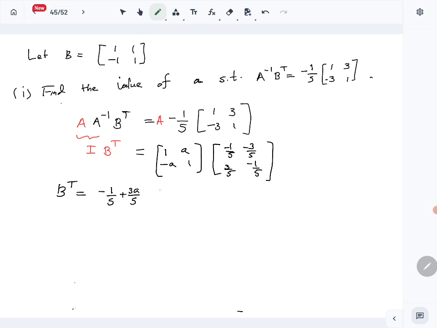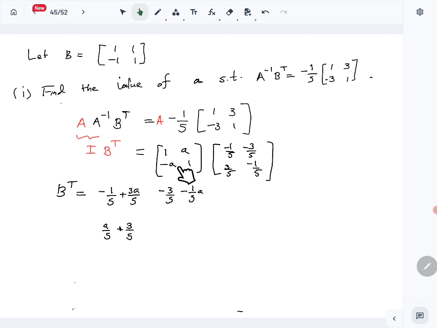Then minus 3 over 5, minus 1 over 5 a. Then in the second row you get minus a over 5 times minus 1 over 5, so plus a over 5 plus 3 over 5.